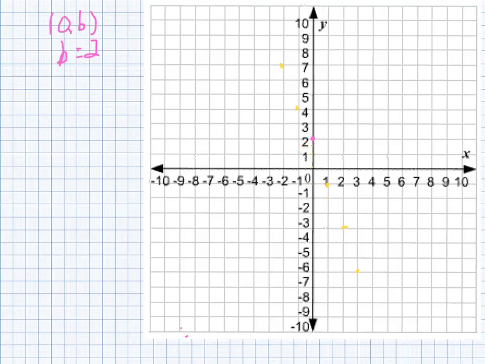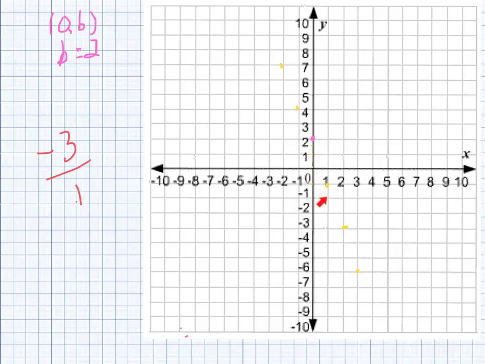And then I can use my rise over run to figure out what to do next. Now I'm going to go down 3, 1, 2, 3, and over 1. And that would be the next point.